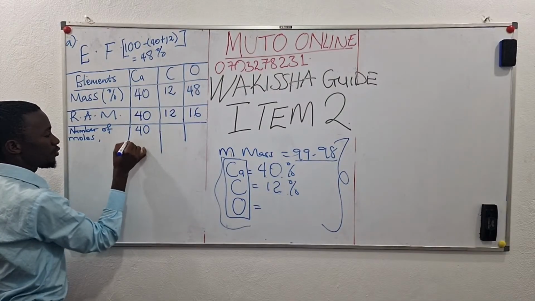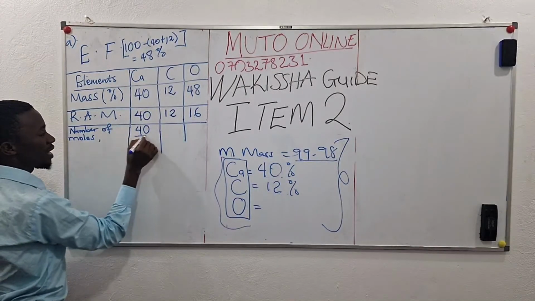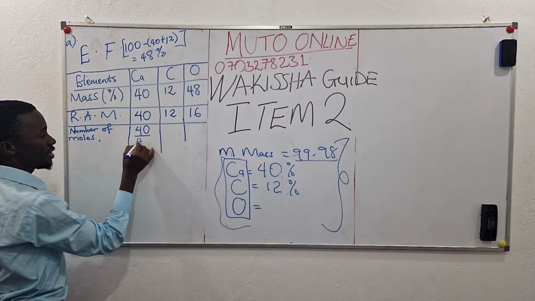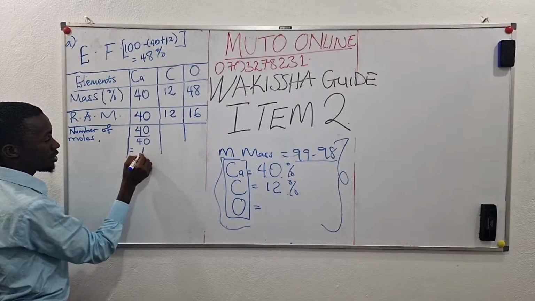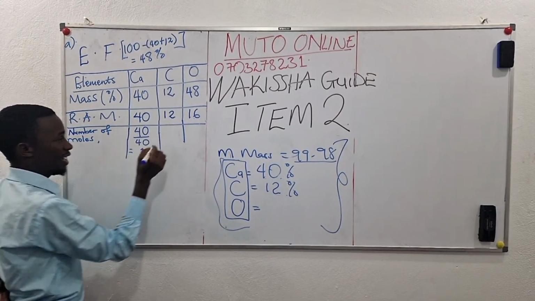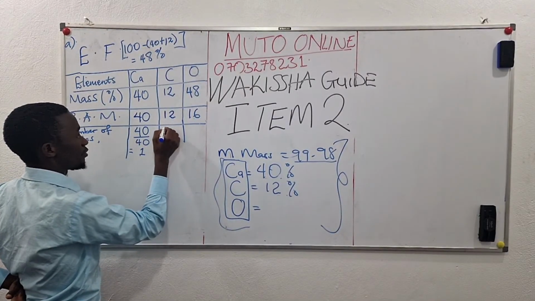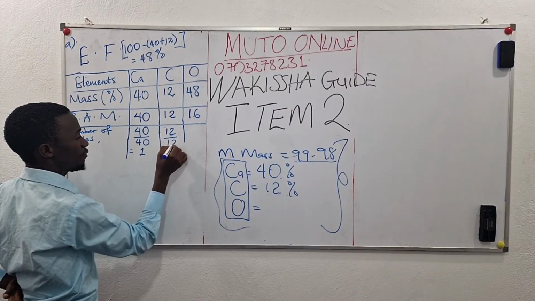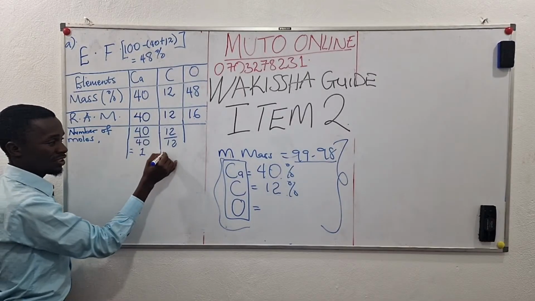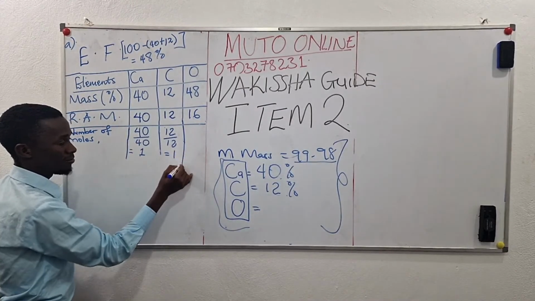We divide through by the relative atomic mass for each of the elements. Here, we divide through by 40. So we shall be getting 1 here. For this one, we get the mass, which is 12, divided by 12, the relative atomic mass. Still, we have a 1 here.